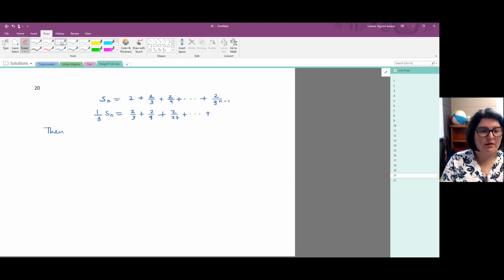Here, as we multiplied terms by 1/3, we found 2 over 3 to the n minus 1 in the process until we got to 2 over 3 to the n.